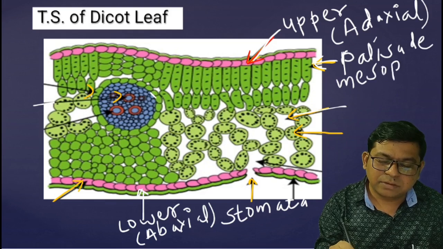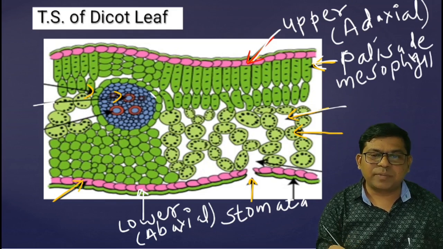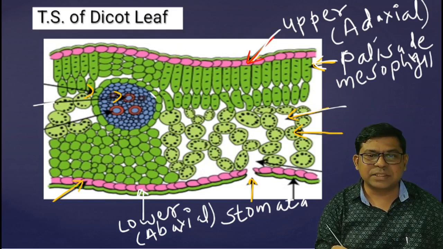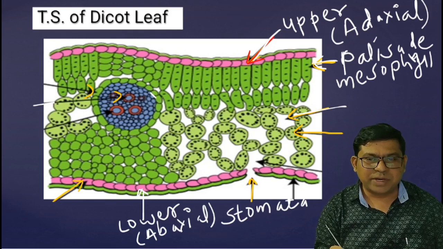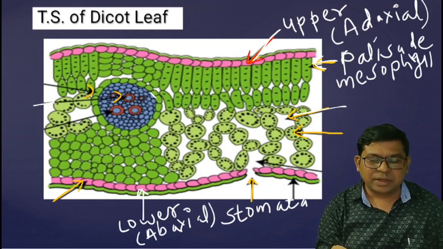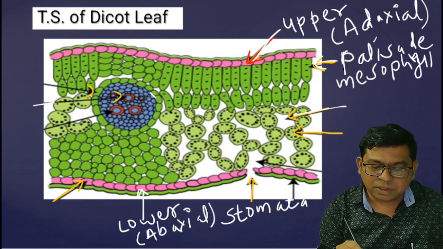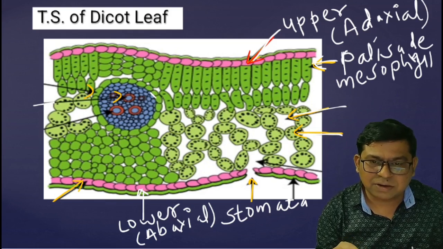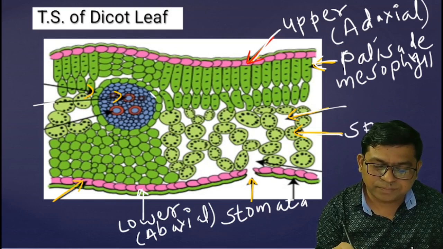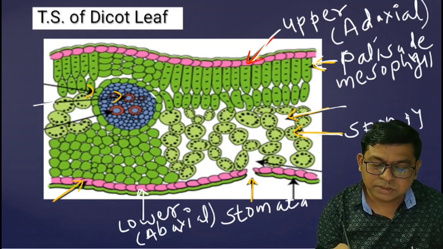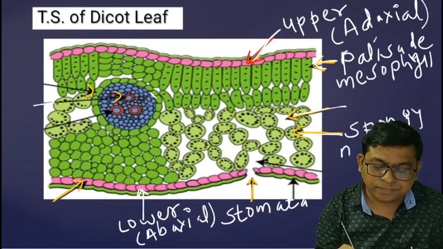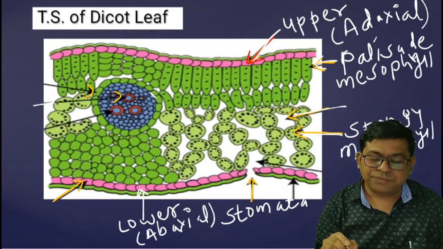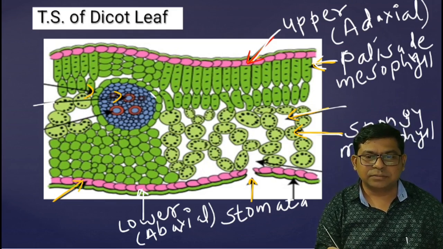These are parenchyma cells with chloroplast, which perform photosynthesis as they contain chlorophyll pigments. Another type of parenchyma cells found near the lower epidermis are called the spongy mesophyll. This one is the spongy mesophyll, which acts as the storage cell.